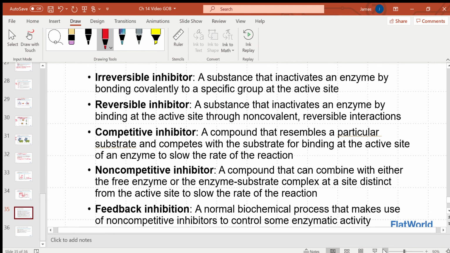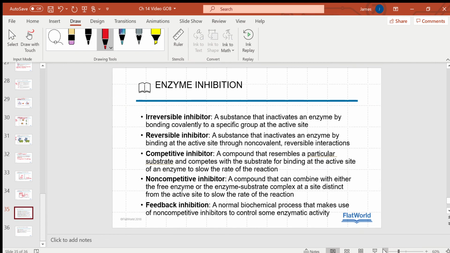Okay, last couple of slides to wrap this video up. So, enzyme inhibition can be intentional, to deactivate an enzyme when no longer needed.